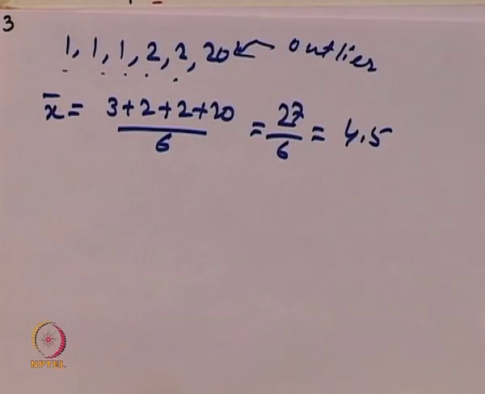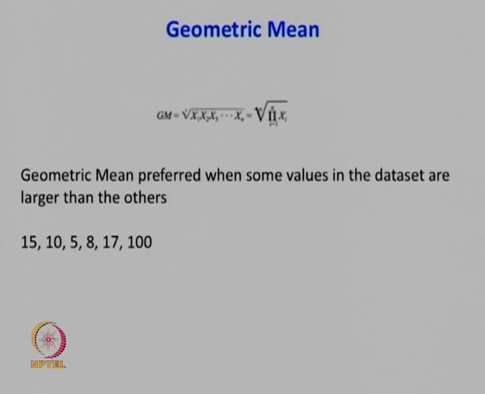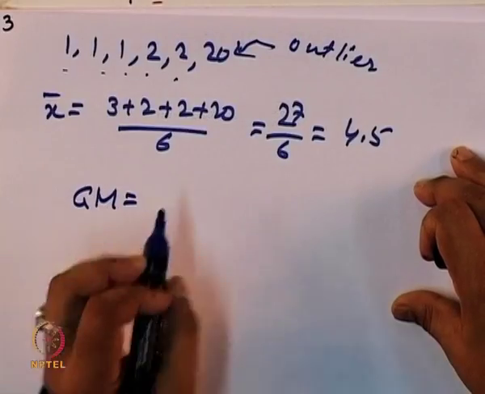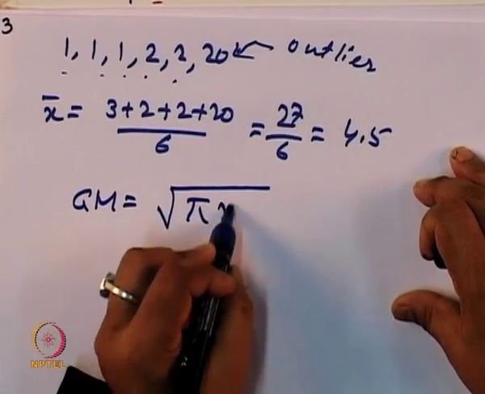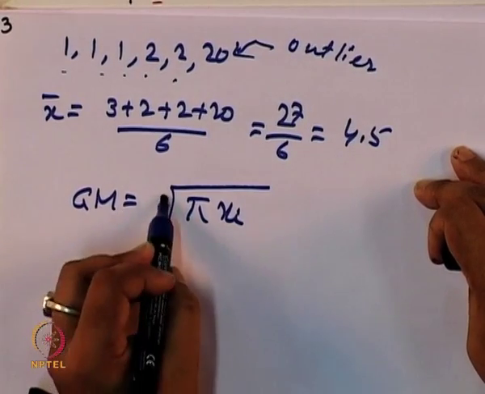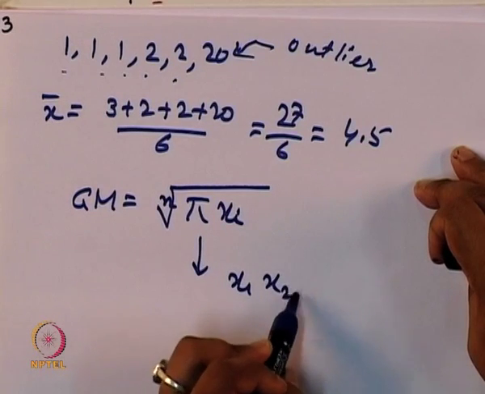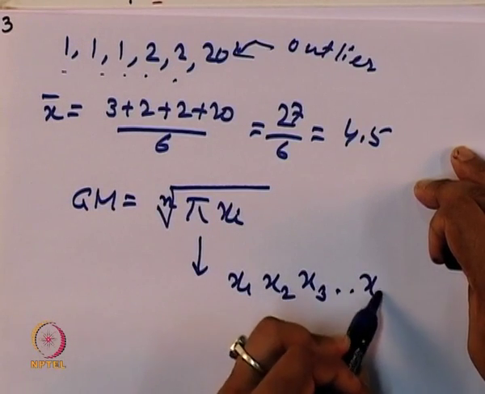So, one of the alternatives to arithmetic mean is the concept of geometric mean. Geometric mean is nothing but the nth root of pi of xi, where pi of xi means x1 dot x2 dot x3 dot dot dot xn. Okay.